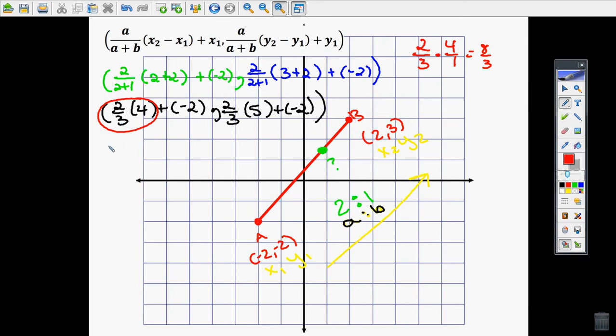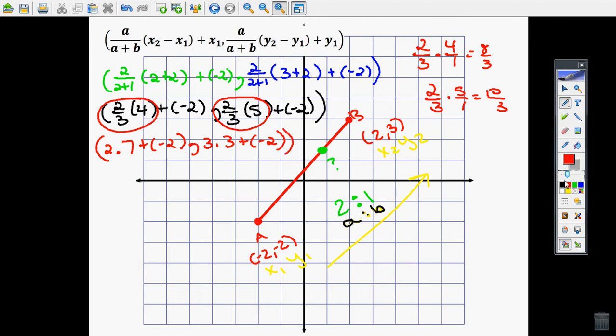So we're going to round that, we'll just make that 2.7 plus -2. And then 2/3 of 5 means 2 times 5 over 1, which is 10 over 3, which gives you 3.3 repeating. So we're going to round that to 3.3 plus -2.